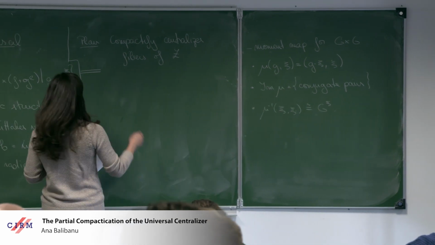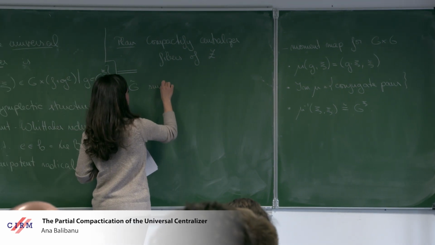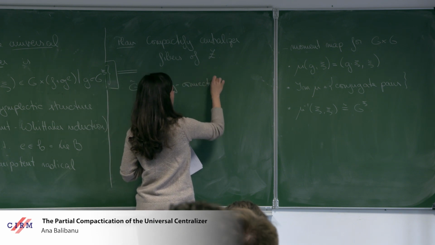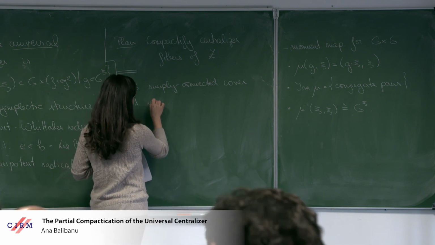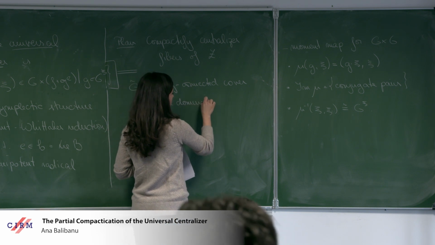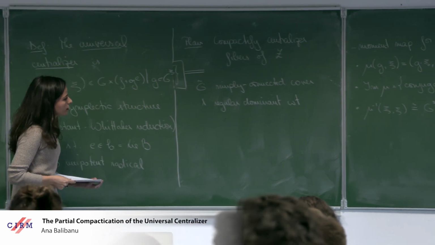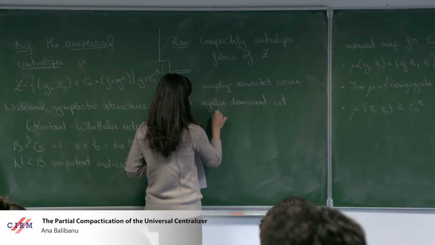So I'm going to let G tilde be the simply connected cover of G. And I'm going to let lambda be a regular dominant weight of G tilde with respect to some choice of maximal torus and Borel.